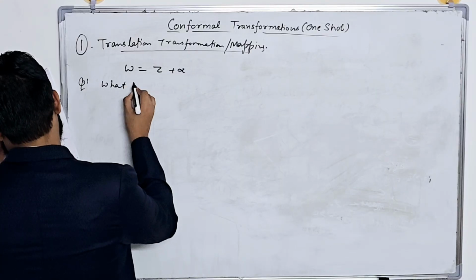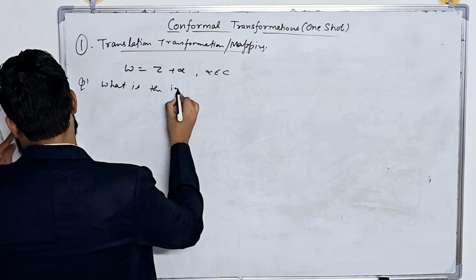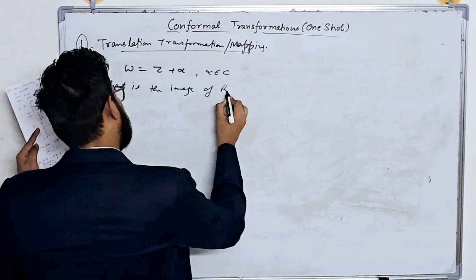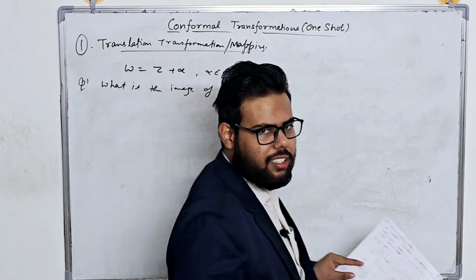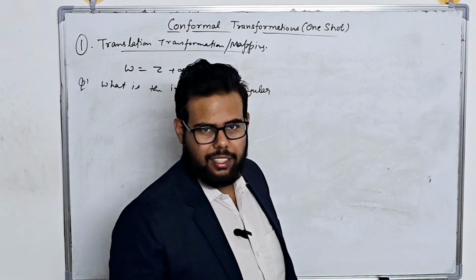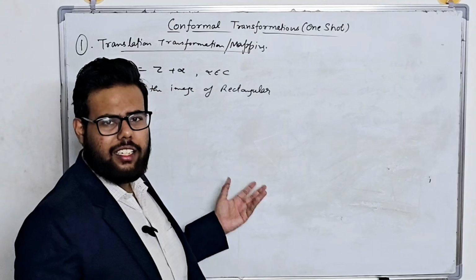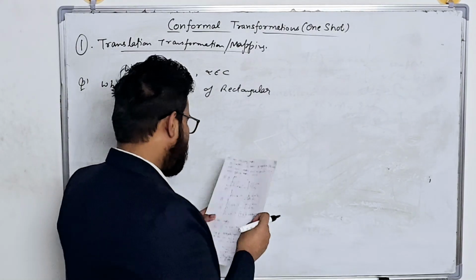What is the image of a rectangular region? This is a very basic question. I think everyone has discussed this type of question, and these are very common questions which you will find everywhere, including in your exam.